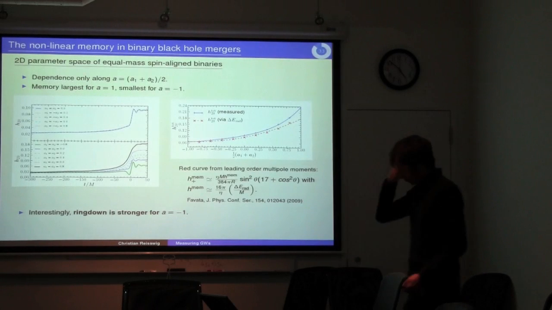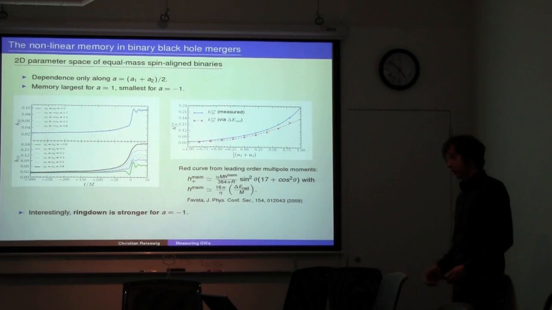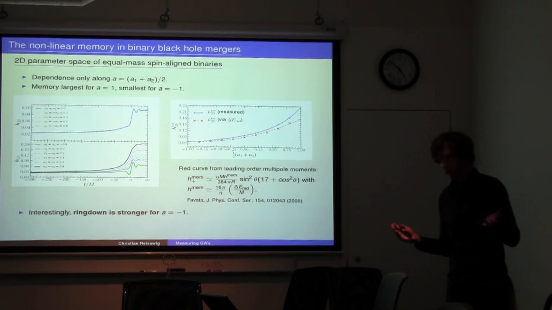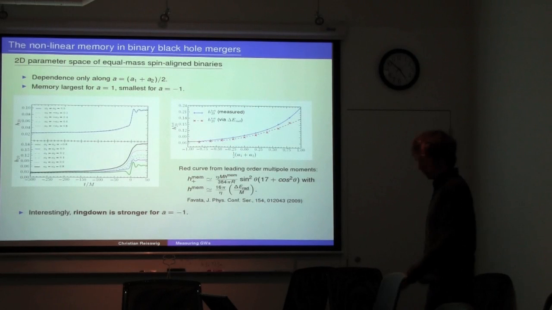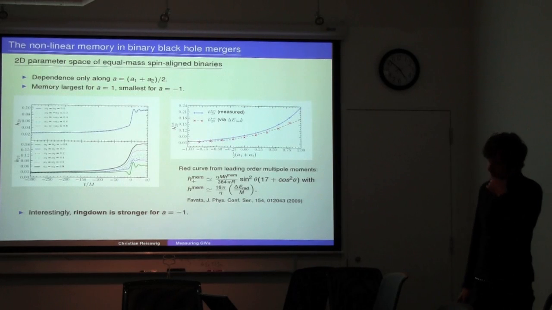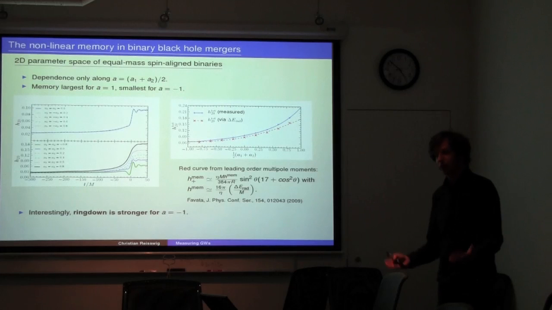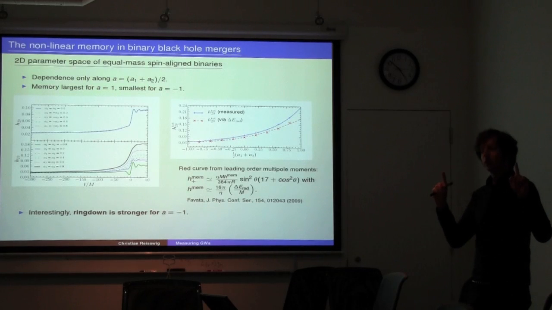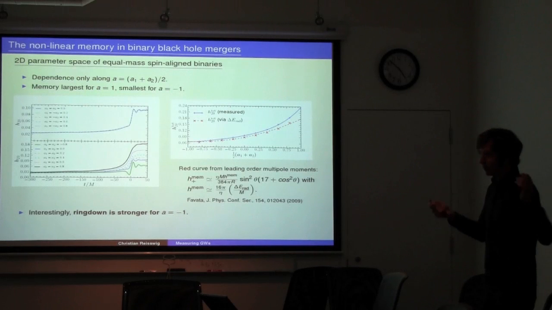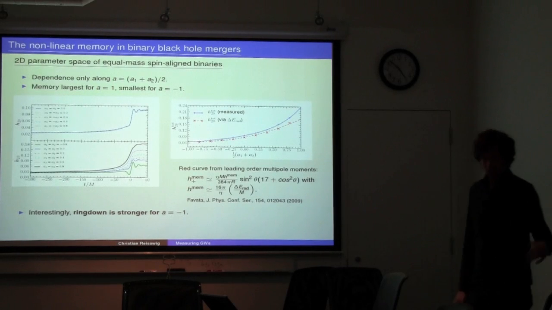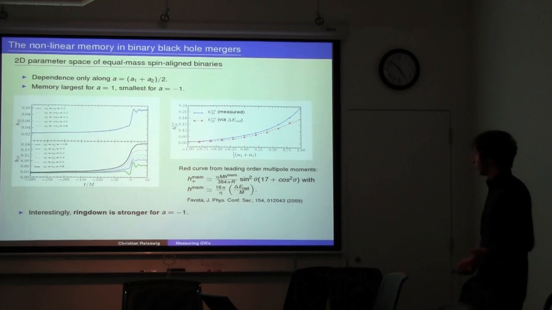Then we have looked at the dependence of the memory in terms of the 2D parameter space of equal mass and spin aligned binaries. In this parameter space, you have equal mass, and you have only the spin component that is aligned or anti-aligned with the orbital angular momentum. That means you only have 2 free parameters, which can vary between -1 and +1 for each black hole.